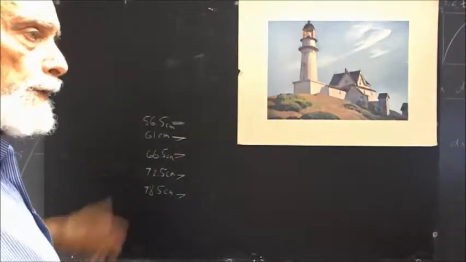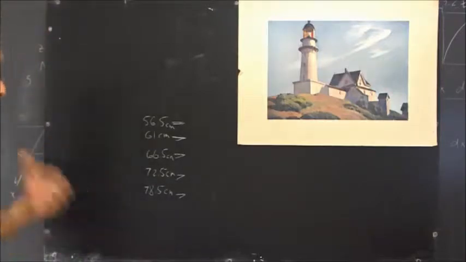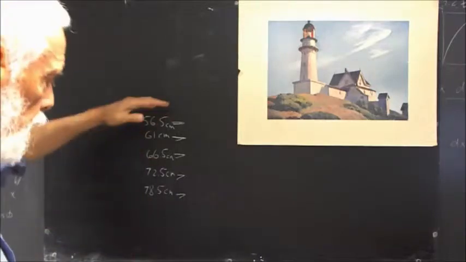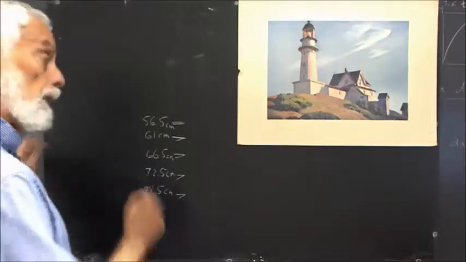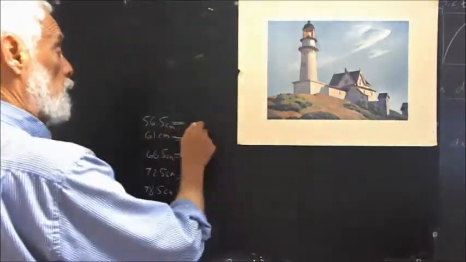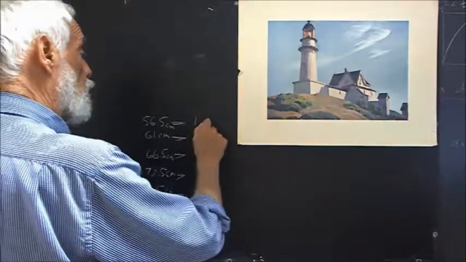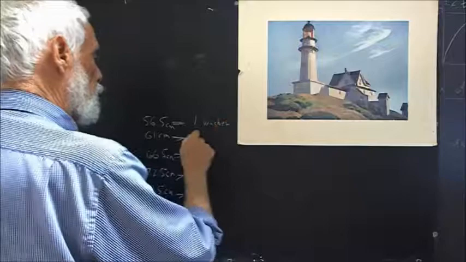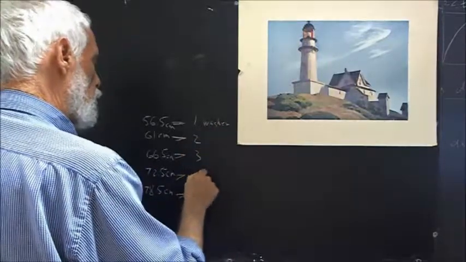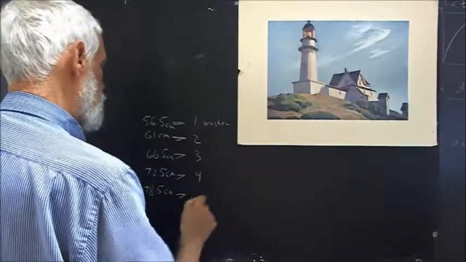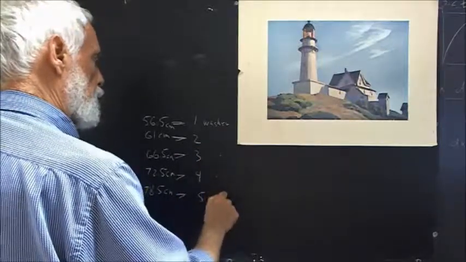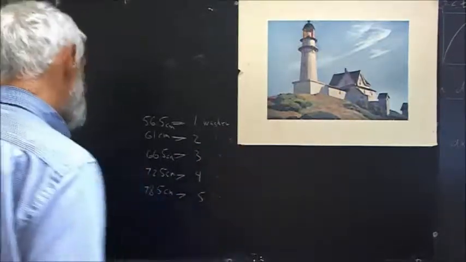Now, is the length of the spring a linear function of how much weight is pulling it down? Okay, well, we have one washer here, 2, 3, 4, and 5 washers respectively. Here, here, and here.